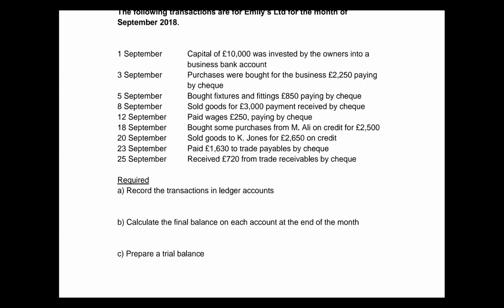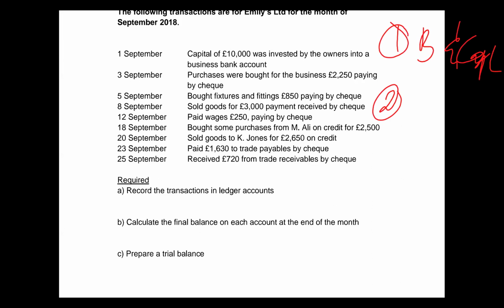Let's start with transaction number one. What accounts are they? There's bank and capital. Transaction number two. Purchases were bought for the business, 2,250, paying by check.